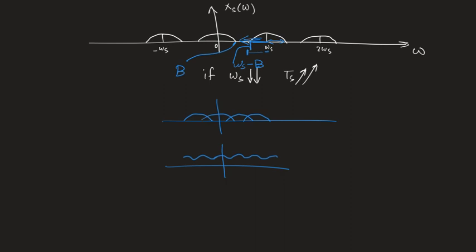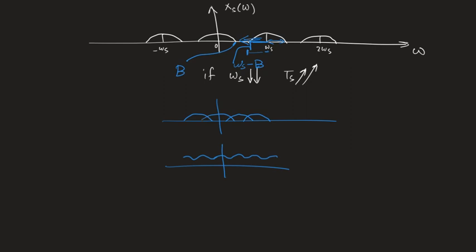Any issues with this? This spectrum has width b on each side, and it is centered around omega s. So what's the start point? Look at the one around omega s. If it's centered around omega s, and it has a width b this way and a width b that way, what's going to be the start point?